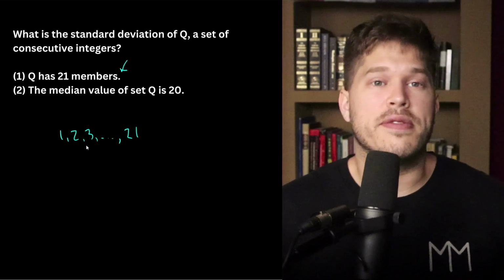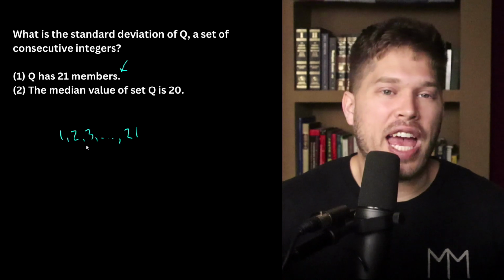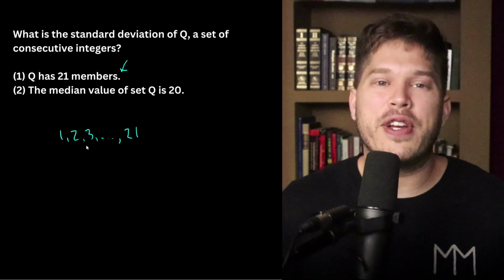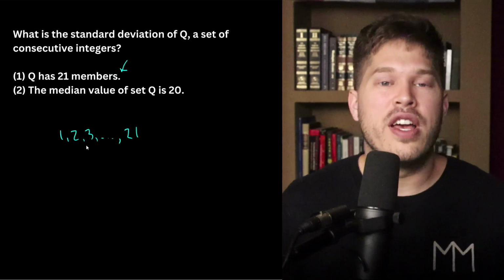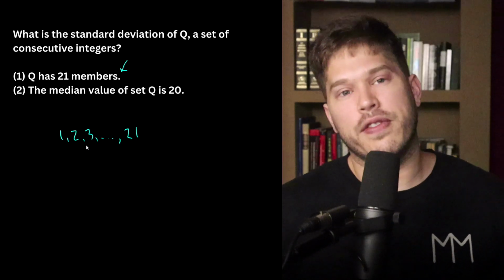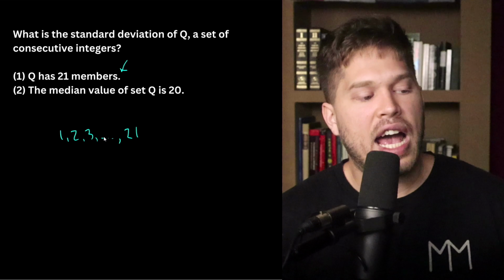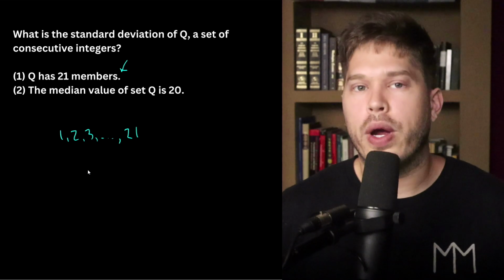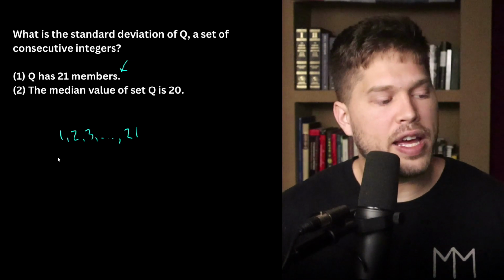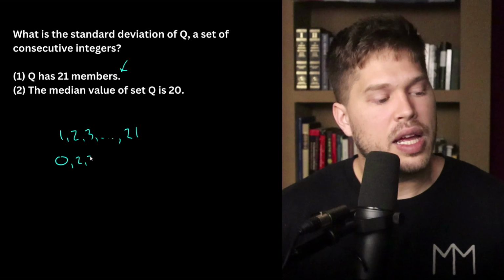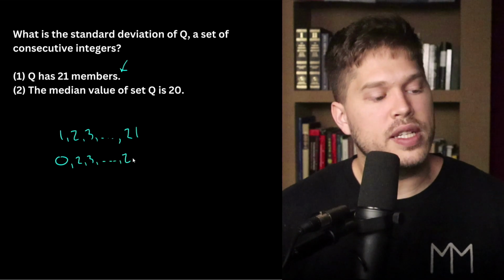Again, for these data sufficiency problems, you don't actually have to solve the problem. You just have to figure out if you have enough information so that you're able to solve the problem. And here we would have enough information, as it's not so important where we start, right? We could start at 0 and go to 20.